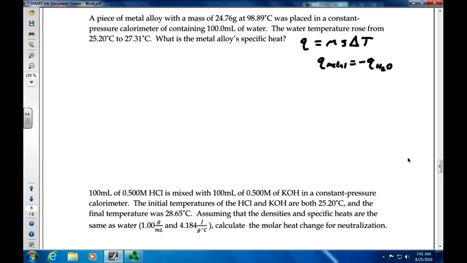So our heat of the metal is going to be the opposite of the heat of water.